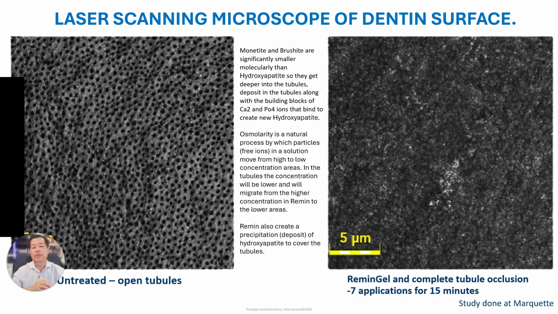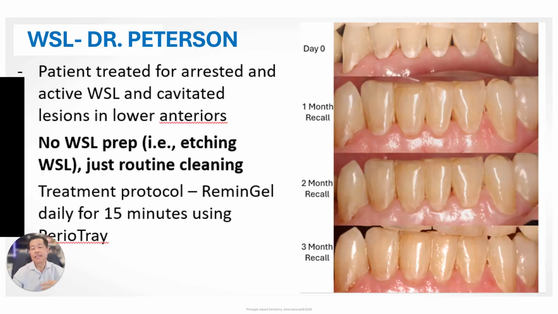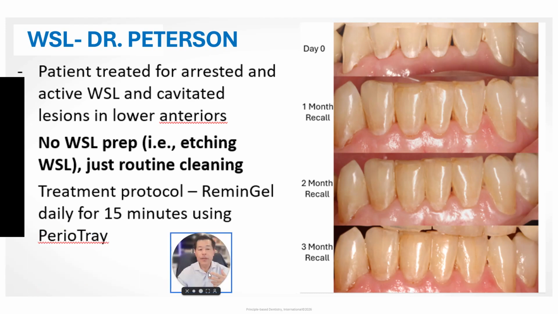So the remineralization can create precipitation or the deposit of hydroxyapatite to cover those tubules up, and now those tubules are closed and the sensitivity goes away. And Dr. Peterson monitored this patient. On the top, you see the photos where there are cervical white spot lesions, and the decision was made to see if this patient could use a Remin gel and we could remineralize.